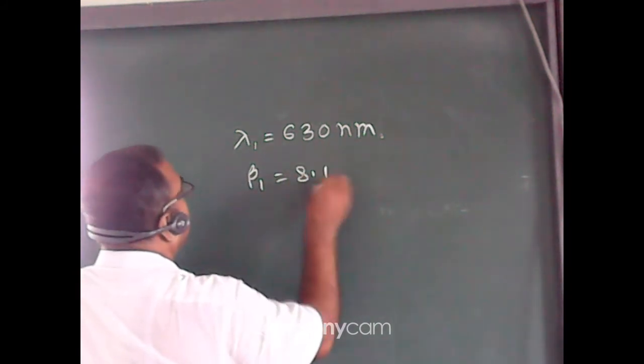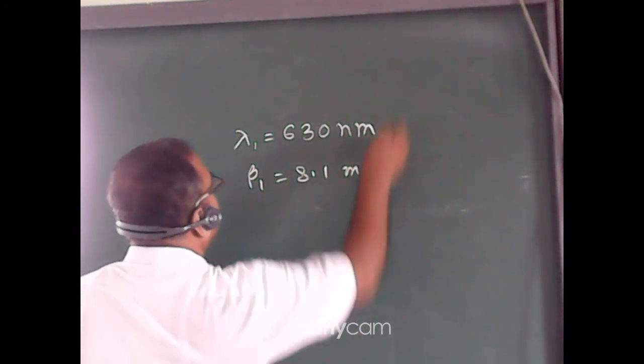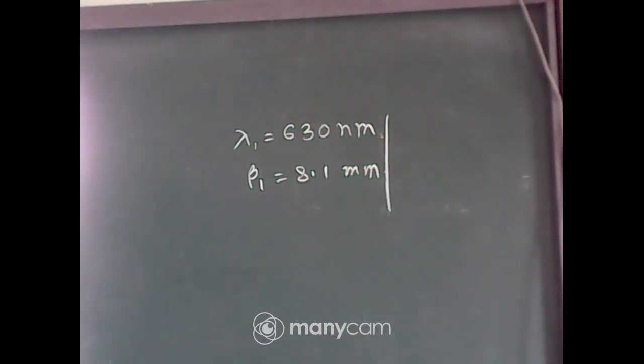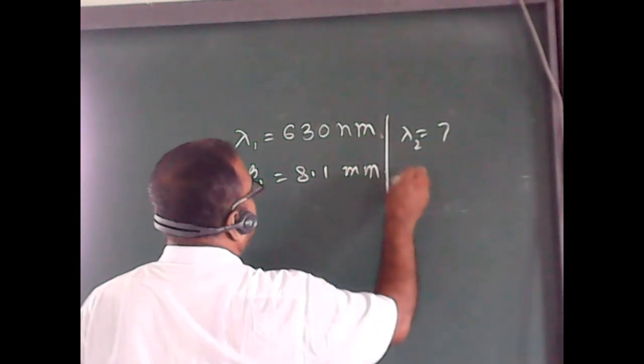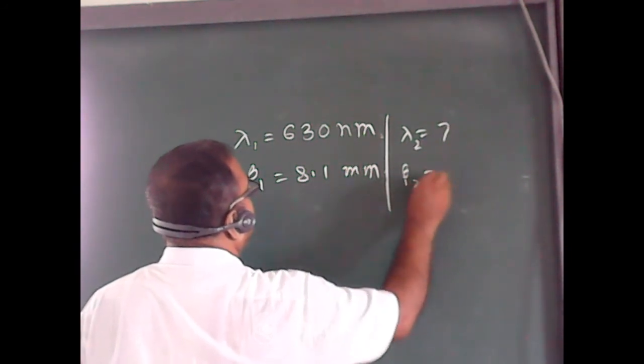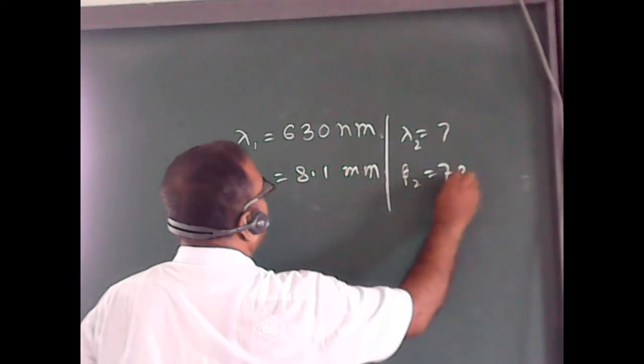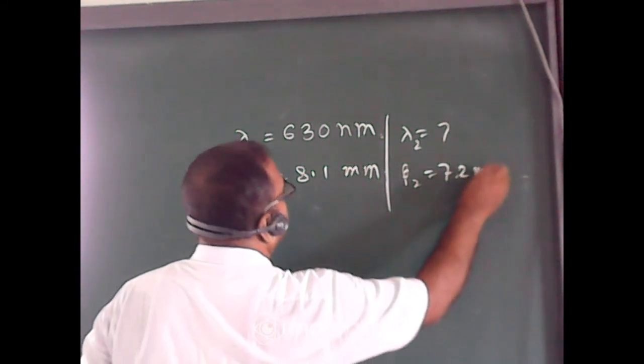A second light, of a different wavelength, produces an interference pattern in which the fringes are separated by 7.2 millimeter.